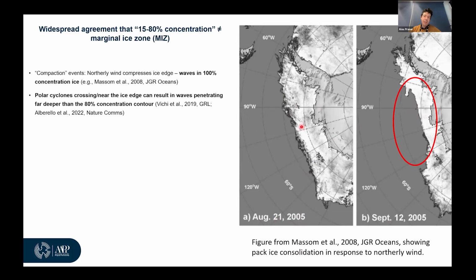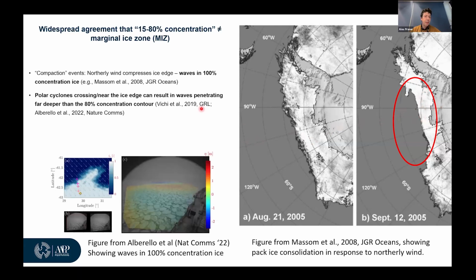Are we to believe that if there was a strong northerly wind compacting this ice up against the coast, we suddenly go from open ocean to consolidated ice with no marginal ice zone? Effectively, that's what the concentration definition would be saying. Whereas clearly in reality, there's a big fetch over the Southern Ocean, clearly going to be producing some swell, which would penetrate into this ice and probably all the way to the coast.